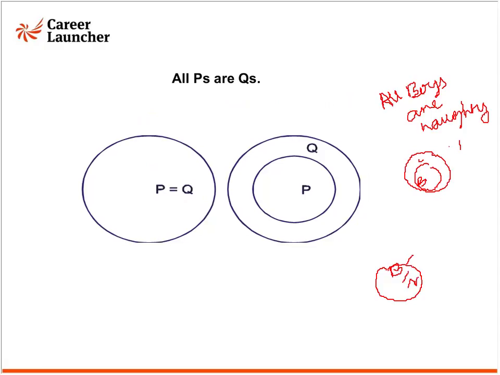Yeah, so I'm hoping this wasn't really tough. So we've seen here all boys are naughty, and here as well we can. So this is very simple. This is all P's are Q's.